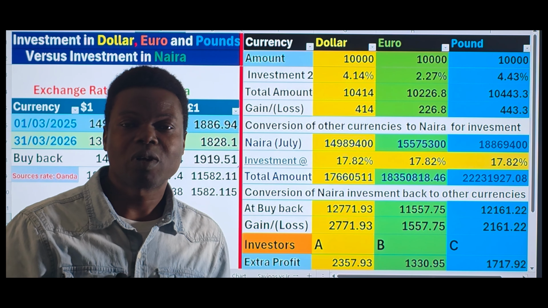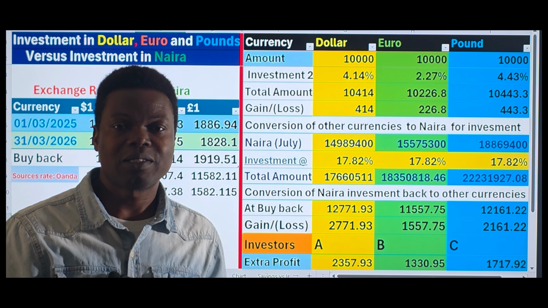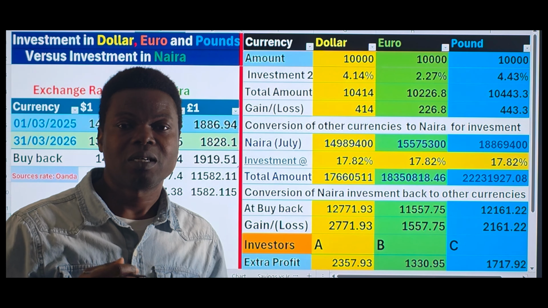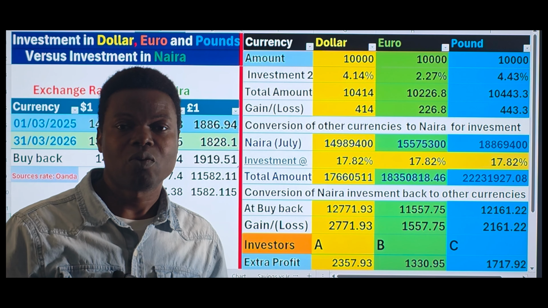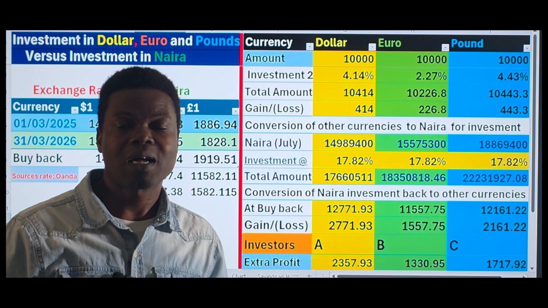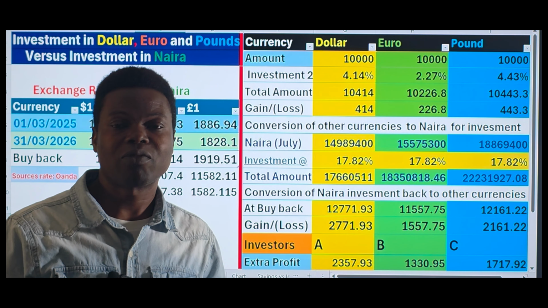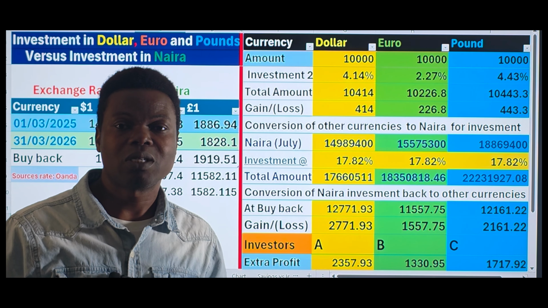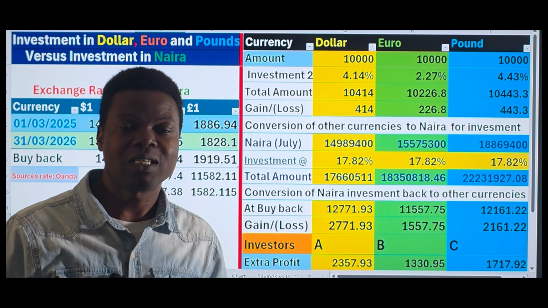For us to be able to carry out this analysis, we'll be needing 5 things. Number one is the amount in these various currencies. We'll need an amount in dollar, an amount in euro, an amount in pounds, and the naira equivalent of these three amounts. Number two is the type of investment that this amount was invested in.